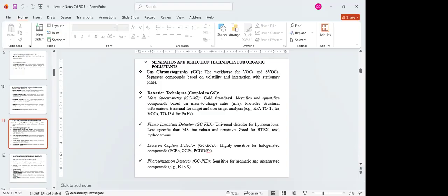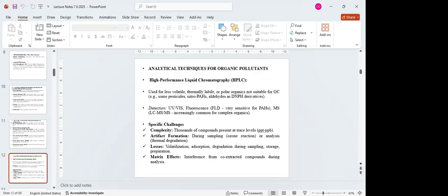GC-PID is sensitive to aromatic and unsaturated compounds. Examples also include BTEX. So it all depends on what you are targeting, what you want to do, and the pollutant you want to address. That's what determines which coupling you use and which equipment you use.